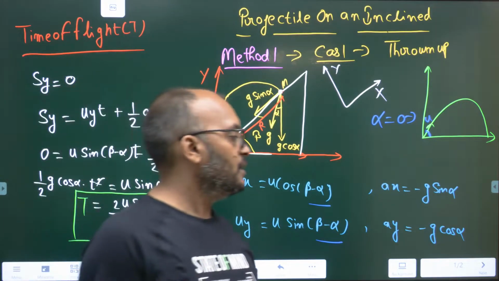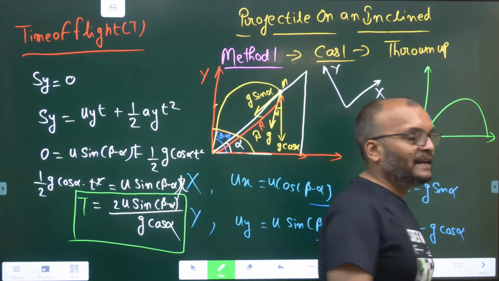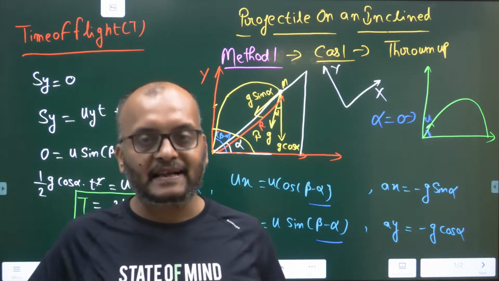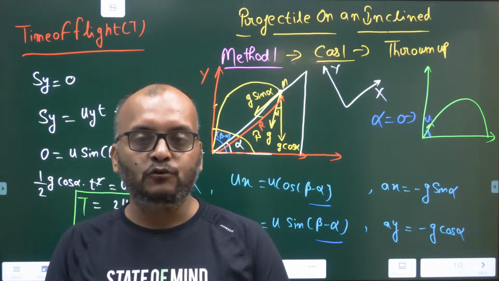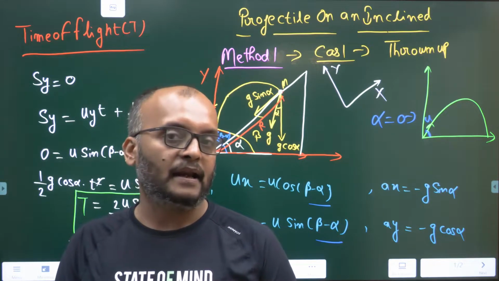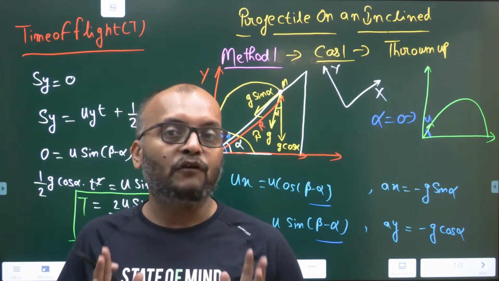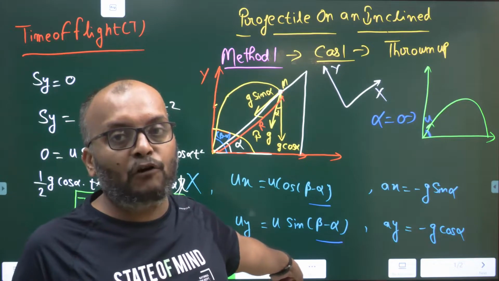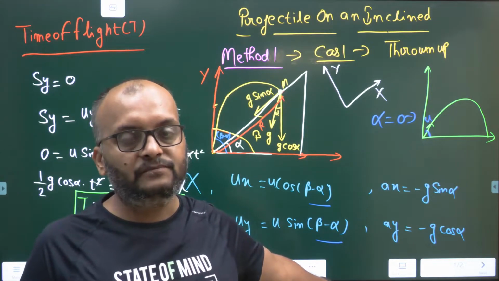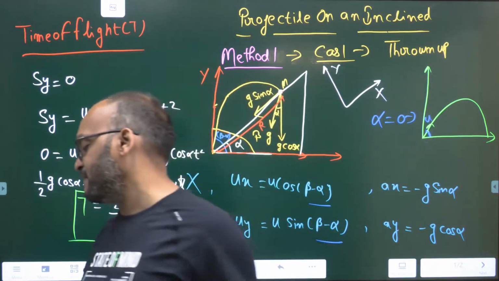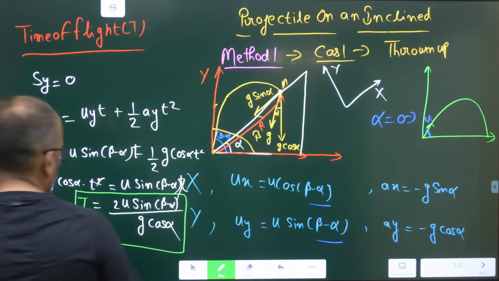Another method is you can directly apply equation of motion Sx along x-axis. Sx is equal to uxt plus half axt square. In place of t, you are going to substitute value of time of flight. Do it. Tell me what the answer is. Do it on your own. Try it.